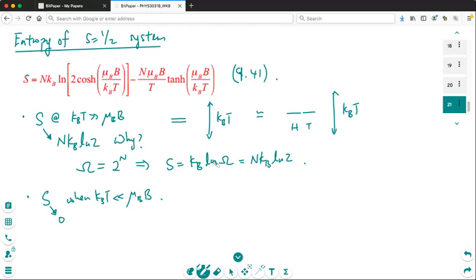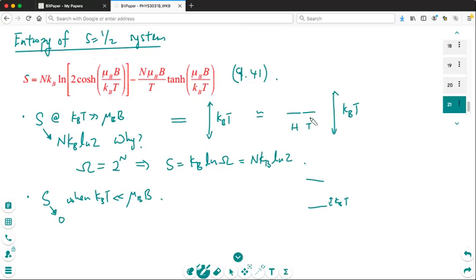That's the opposite of the coin problem. You can also think of it as a coin problem, and now I really do have up and down. My thermal energy is so tiny that I can tell which one is up, which one is down. According to my argument earlier, at this limit all of my particles will want to occupy the lower energy state. If I assign this to head or tail, now I need to really say which one is up, which one is down.